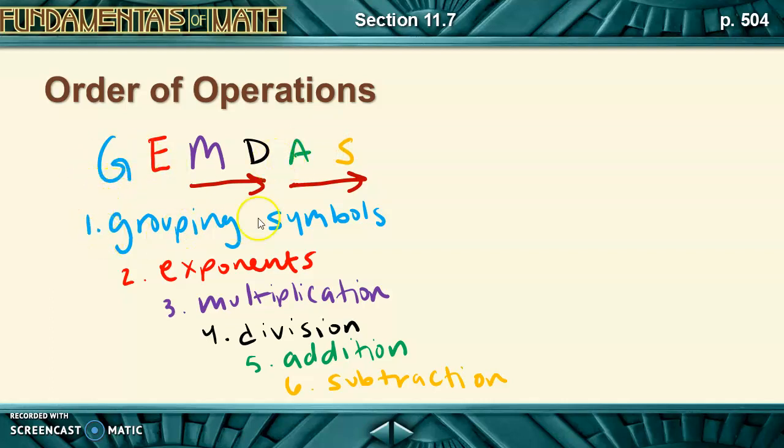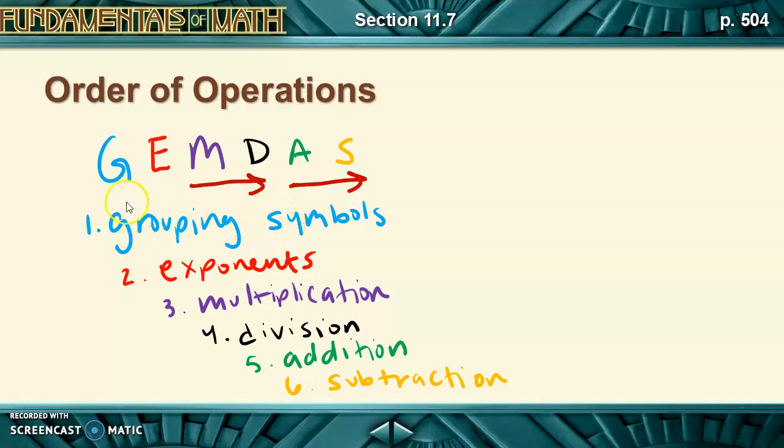G stood for grouping symbols. Grouping symbols are parentheses, exponents, fraction bar, square root, or absolute value, now that we've talked about it. There are a lot of different grouping symbols that fall into this place.